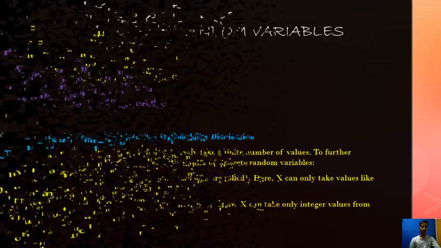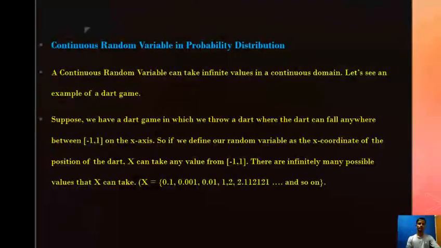Continuous random variables in the probability distribution. A continuous random variable can take infinite values in a continuous domain. Let's see an example of a dart game. Suppose we have a dart game in which we throw a dart where the dart can fall anywhere between -1 and 1 on the x-axis.